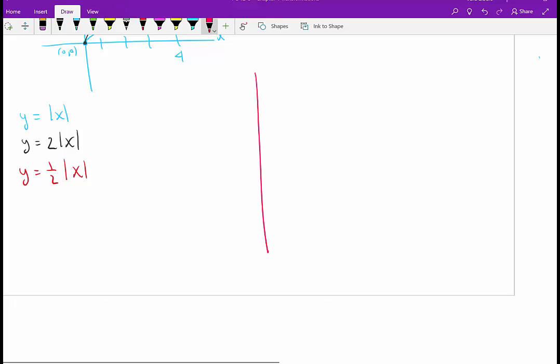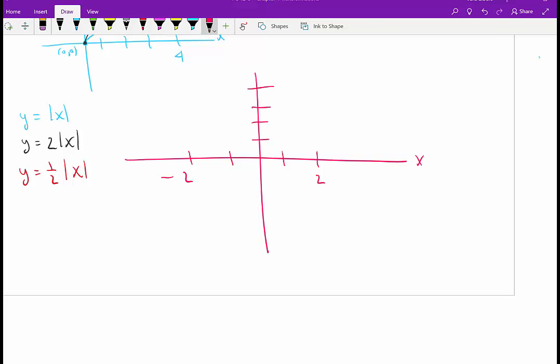Here's our graph. We're going to go up to 2 and -2 on the x-axis, and we're going to go as high as 4. So 1, 2, 3, 4 on the y-axis, and 1, 2, 3, -4 on the y-axis. Okay, so our base function has points at 0, 0, 1, 1, 2, 2.